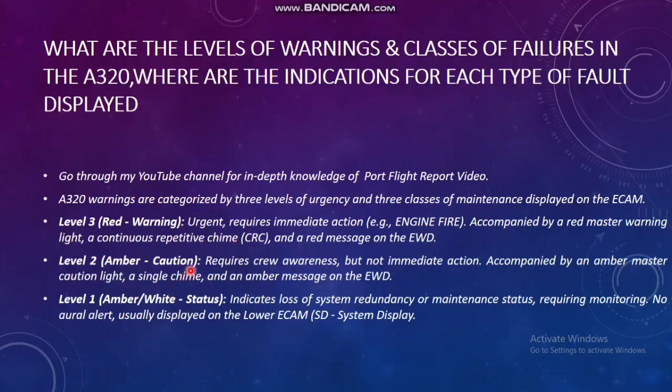This is the difference between red and amber: you get the amber light here, and there you get the red master warning light. Level 1 is amber, can be white also. Status indicates loss of system redundancy or maintenance status, requires monitoring only. There is no alert sound in the cockpit, usually displayed on the ECAM SD page.